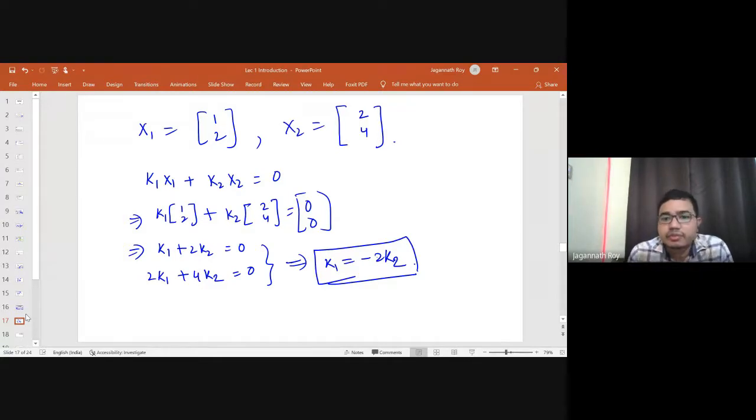So if you want to get a solution, then what happens? If k2 equals 1, then k1 becomes minus 2.